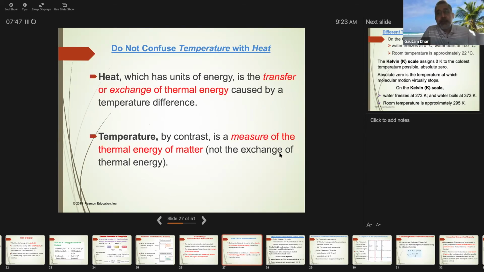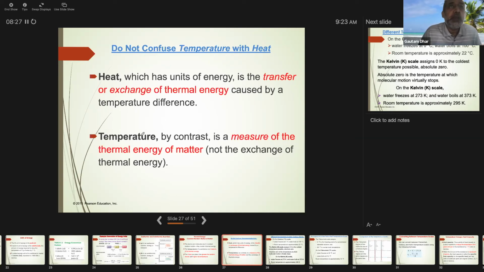The temperature represents the height of the waterfall, or whether it's going to fall at all. Heat is basically the water, and heat flows from higher ground, that means higher temperature, to a lower temperature. The amount of heat depends on the amount of water flowing, not on the height. The height just says how fast. If you want to calculate the total amount of water flowing, you have to do some calculations, and that has nothing to do with the height of the waterfall.